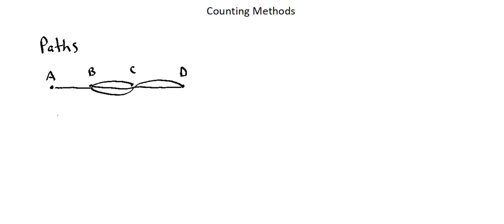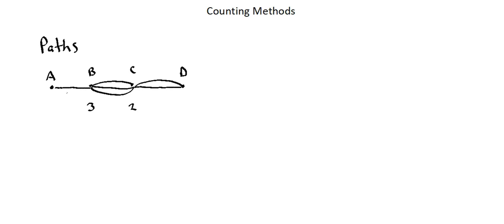So in this case, the total number of possible paths, looking at the nodes or the points where we have options. At B, we have three options. At C, we have two options. Now notice from A to B, there's only one option. If there were more than one, then we would consider that number as well.